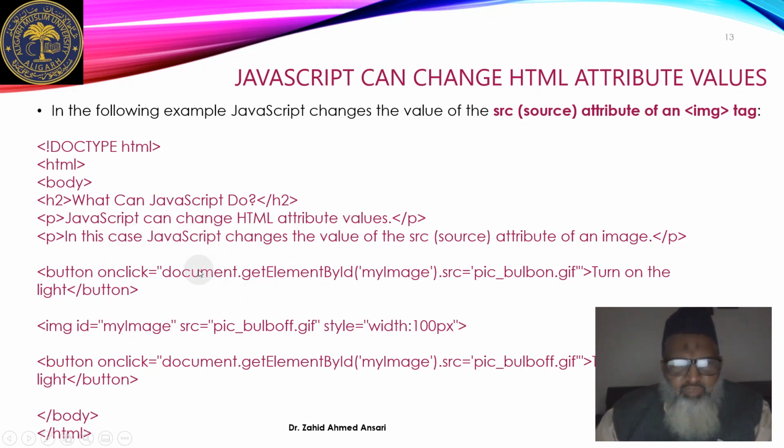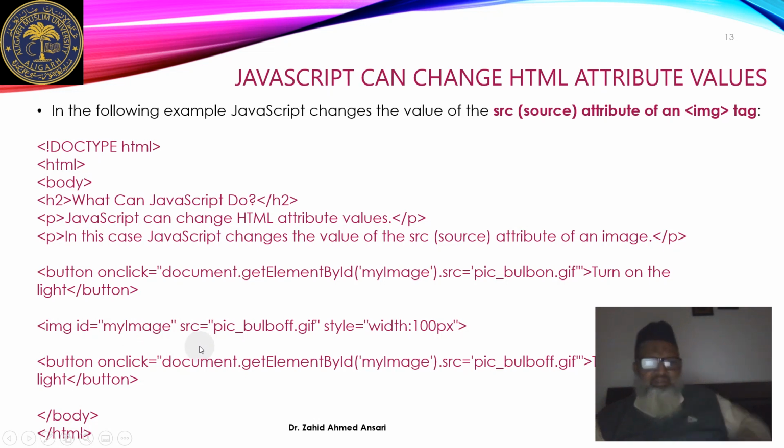Then what we are doing? We have another paragraph in which we are writing, in this case, JavaScript changes the value of the source attribute of an image. So we have an image tag over here whose ID is my image. In this image tag, we have an attribute called src, source.